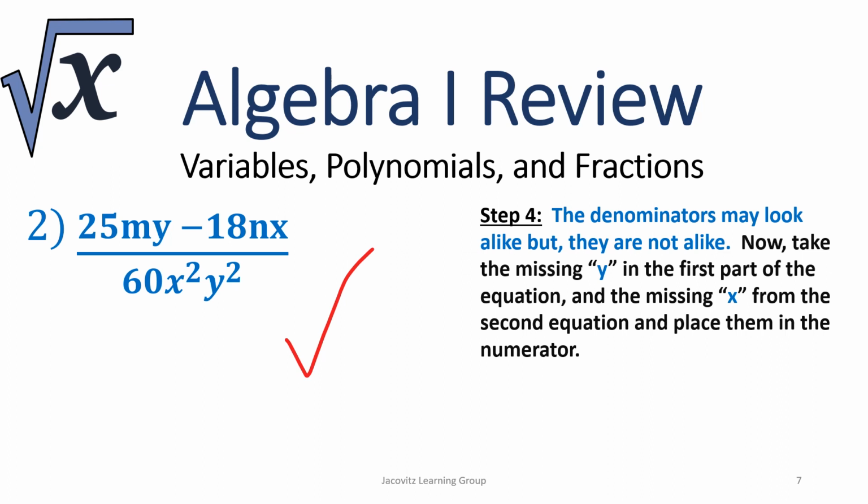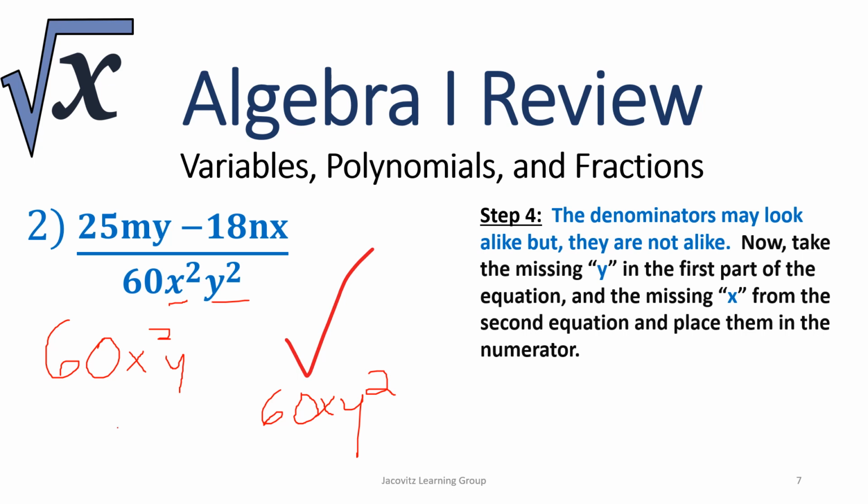This first term over here was 60x squared, and it was missing a y. This over here was 60x, it was missing a 2, and it was y squared. So y squared is already there, and x squared is now here. But guess what? Since this y was missing a power, you have to take it up. y to the 1 times y to the 1 is y squared. What are you doing here?